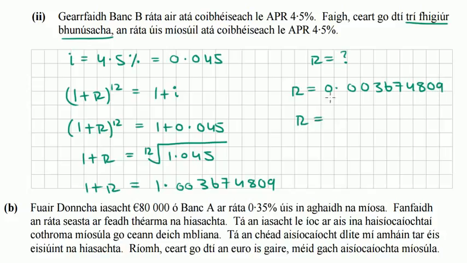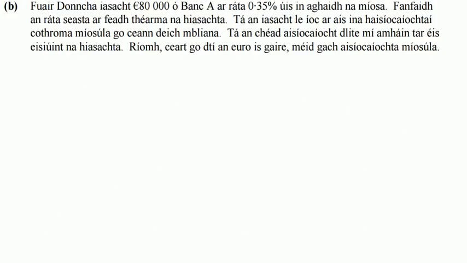So changing this into a percentage, we multiply it by 100. So we're going to get 0.3674809. And then to three significant figures, this is going to be 0.367%.